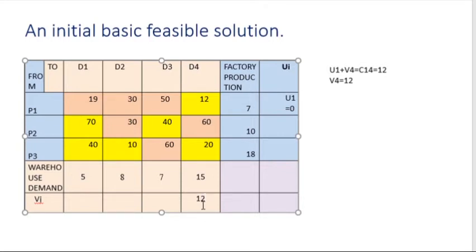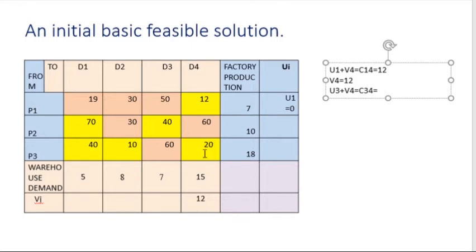Now I have got the V4 value. This V4 value can be used for calculation of U3, because U3 plus V4 is equal to C34, which is nothing but 20.